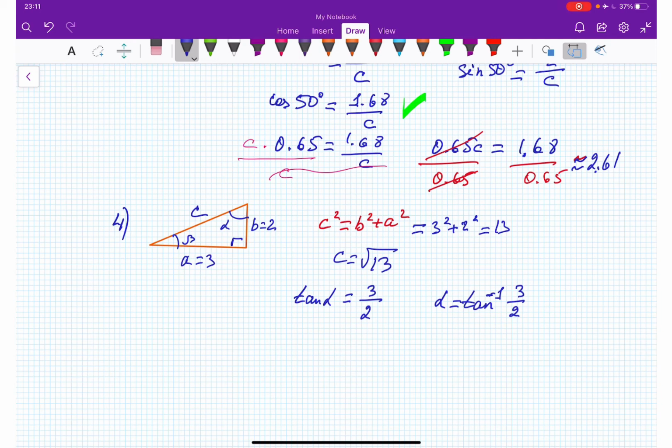Okay, button. So you click 3 over 2 and then tangent -1, and that should give you alpha equal approximately 56.3 degrees.